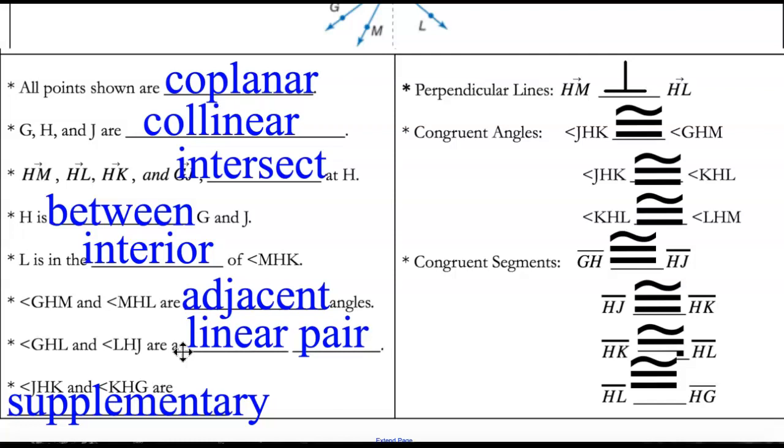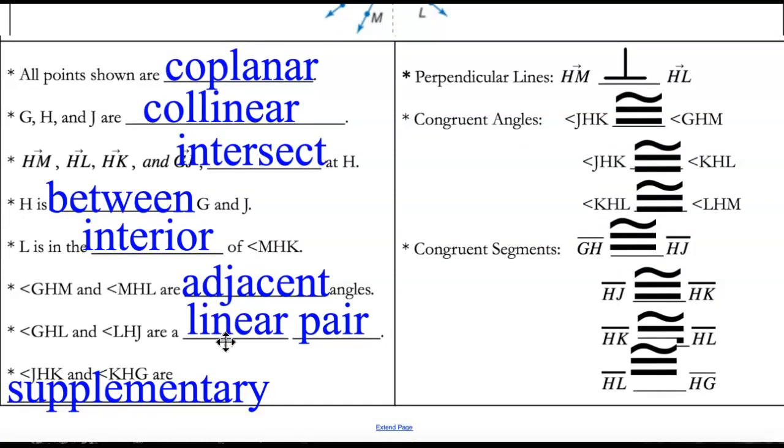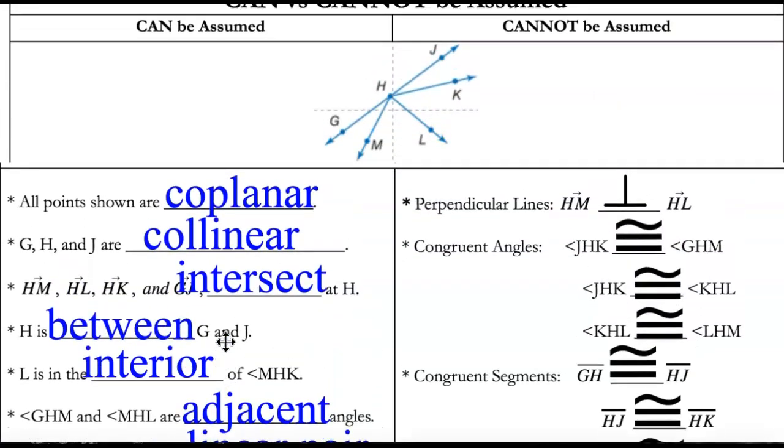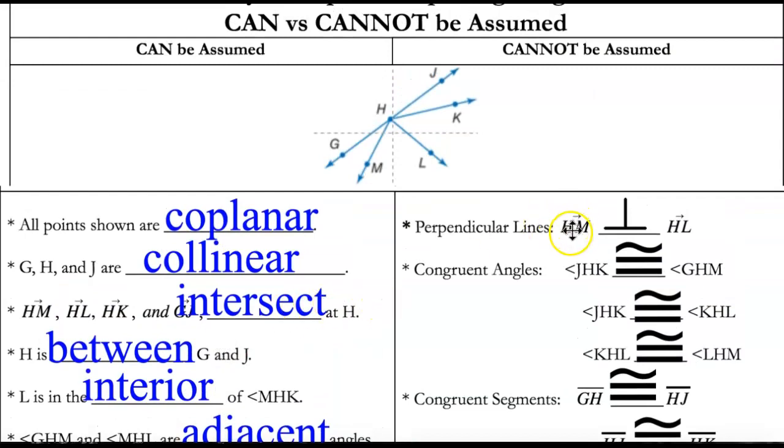Also, angles HM and MHL are adjacent, angles GHL and LHJ are linear pairs, and we can also make a statement that JHK and KHG are supplementary. The following things on this side cannot be proven. Here we have line HM. We cannot necessarily say that these two are perpendicular because we just don't have enough information. There would have to be that symbol in the corner that indicates they're a right angle.